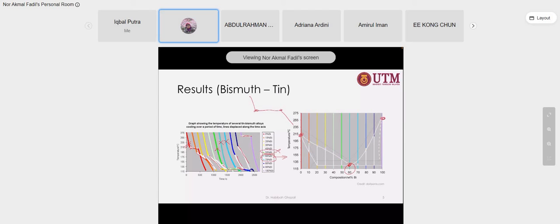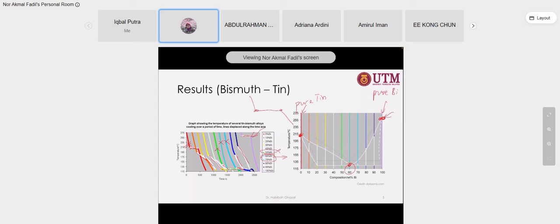The purple line here is pure tin. This is pure bismuth. So it is only one single temperature, right?